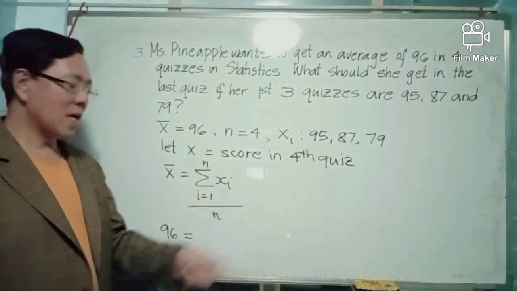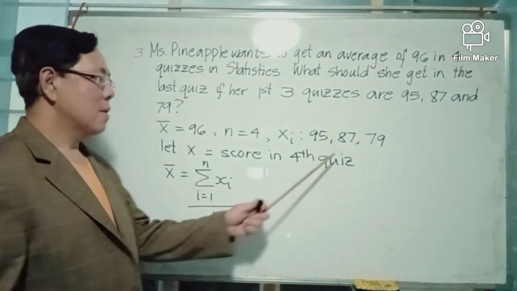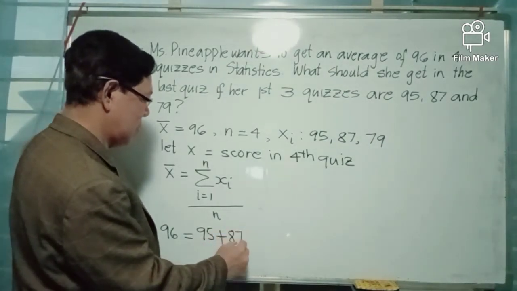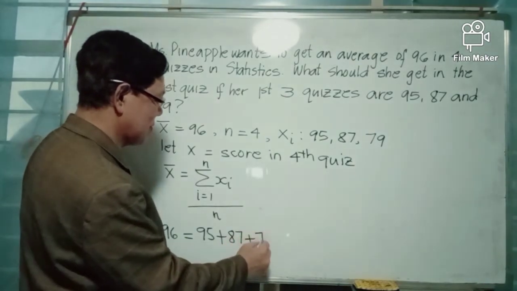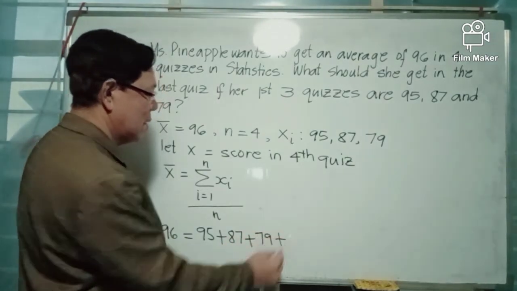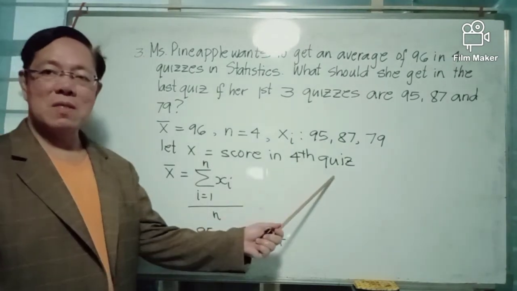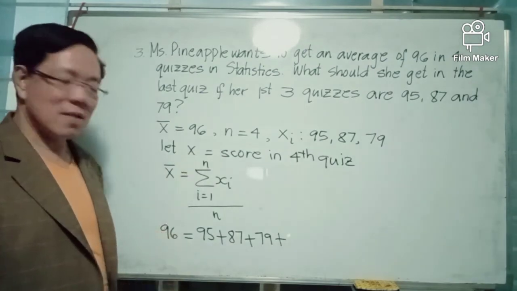We have 95 plus 87 plus the third quiz 79 plus her score in the fourth quiz, which we denote by x.